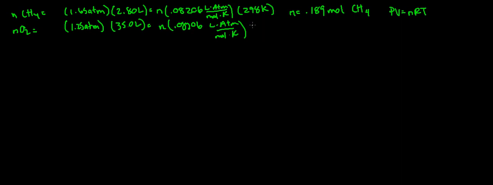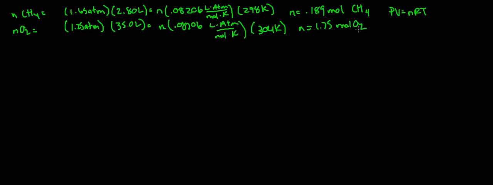I hate it when they put stuff in Celsius. Whatever. It's just more tedious, mindless work to do. 304 Kelvin. Solve for n. This is going to be equal to 1.75 moles of oxygen.